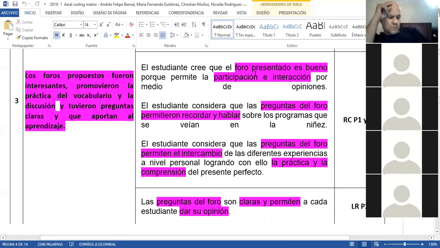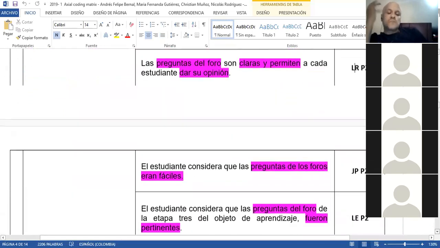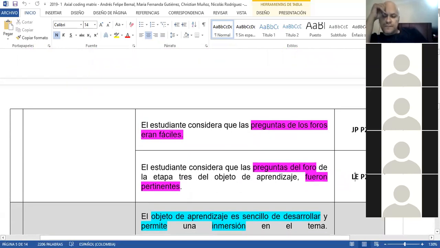All those words were taken from students' opinions, from RC, from LR, from JP, and from LE. So this one is supported by 4 out of 5 students that were interviewed.